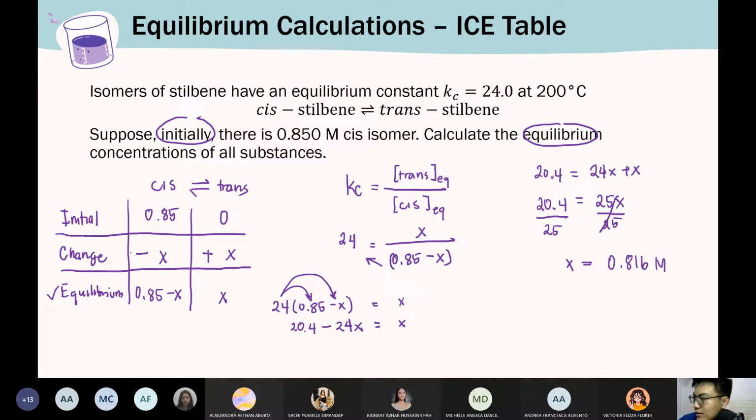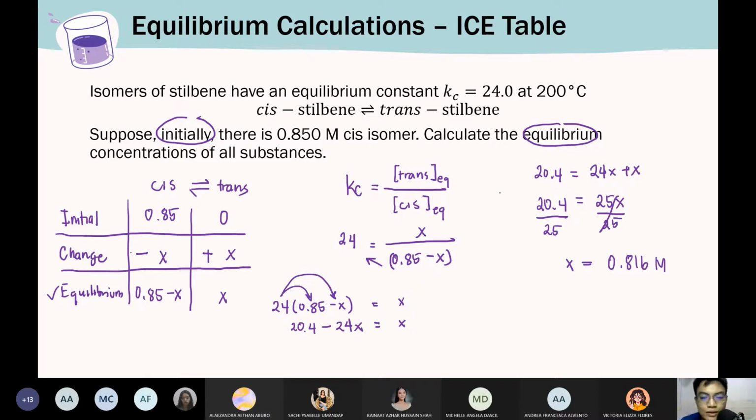Ano sa tingin niyo yung sagot? Yan, you need to plug in the value of x. Now, you are not done unless you are able to plug in your x value. Okay? So, kailangan i-plug in mo yung x value.